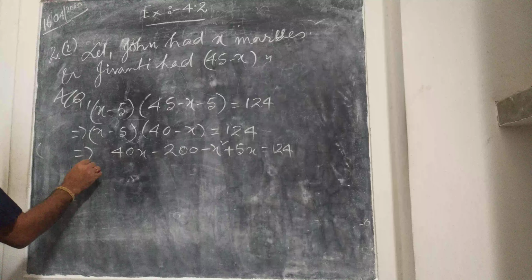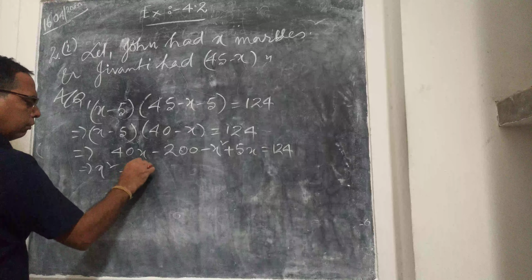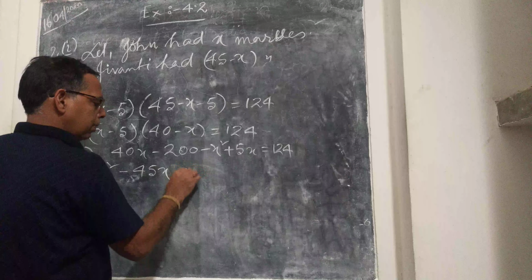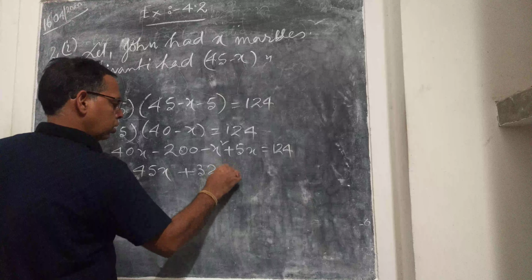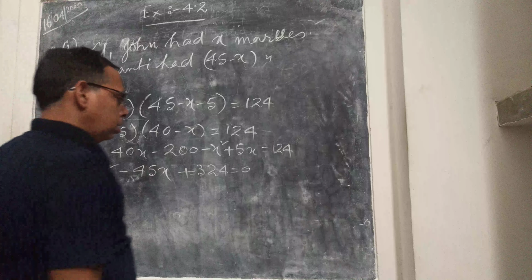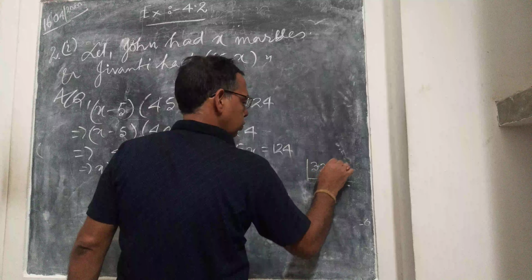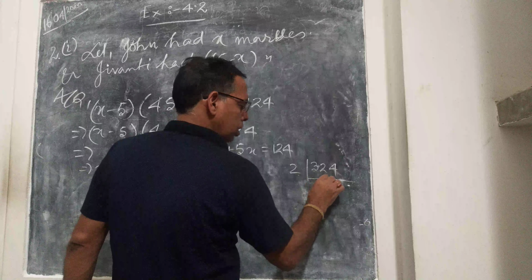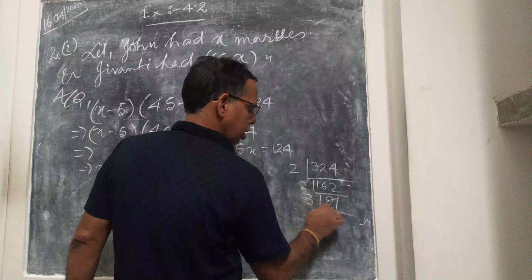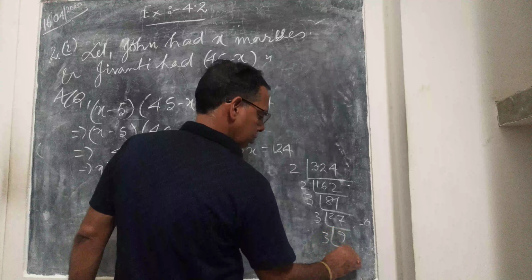Okay, so then you see X square minus 45X plus 324 equal to 0. Now you can do by factorization method. 324, you factorize: 2, then 162, then 81, then 27, then 3, 9, then 3, 3.